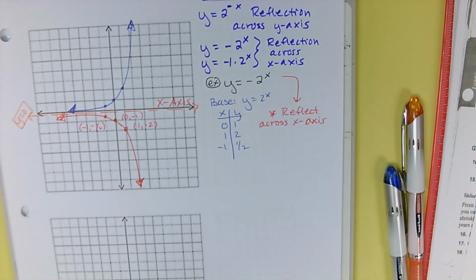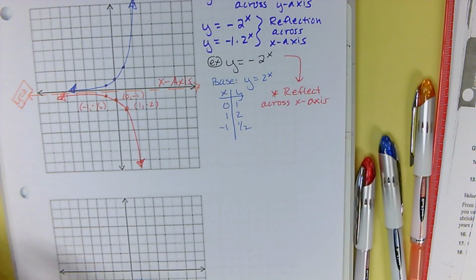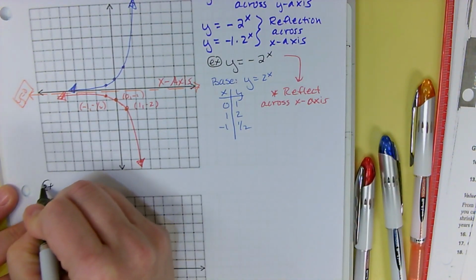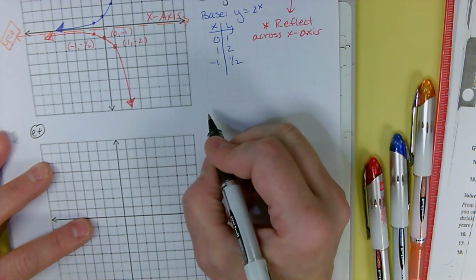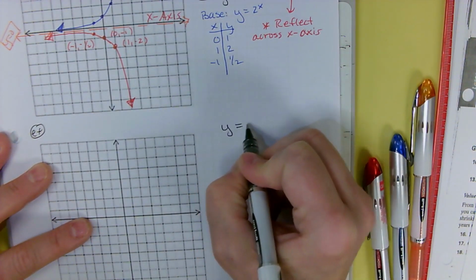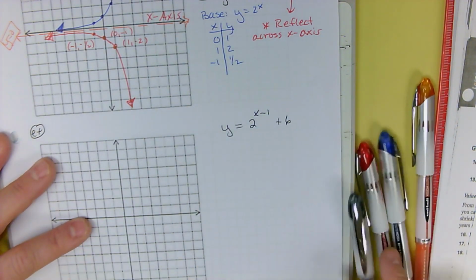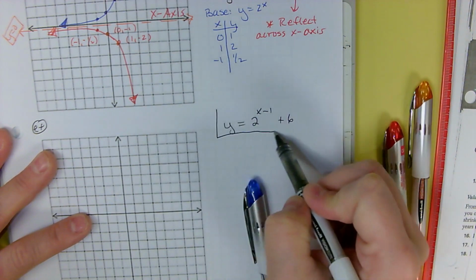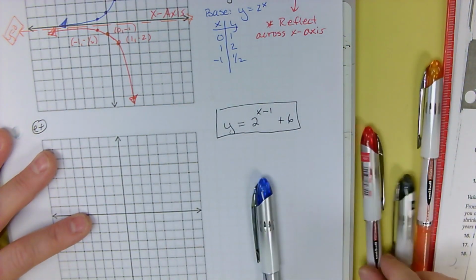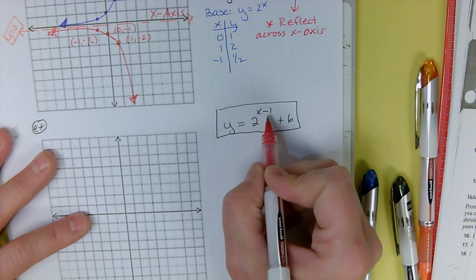All right, so that's the basic information, and now we're going to do a practice problem. Some of these things come in combination with each other, so it's more than one transformation. So we're going to do y equals 2 to the x minus 1 plus 6. Now, just looking at this, it's x minus 1.